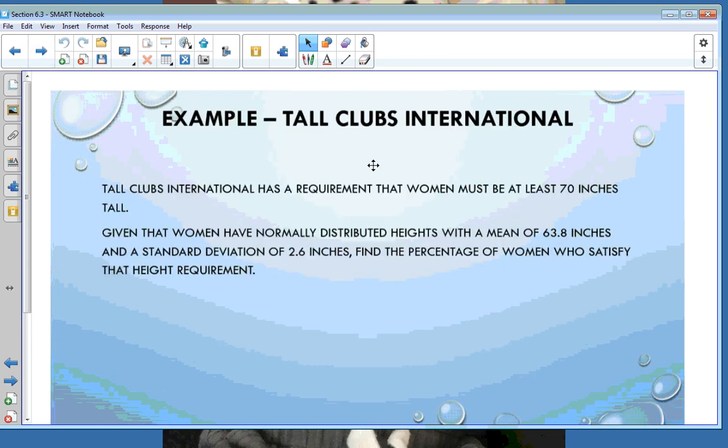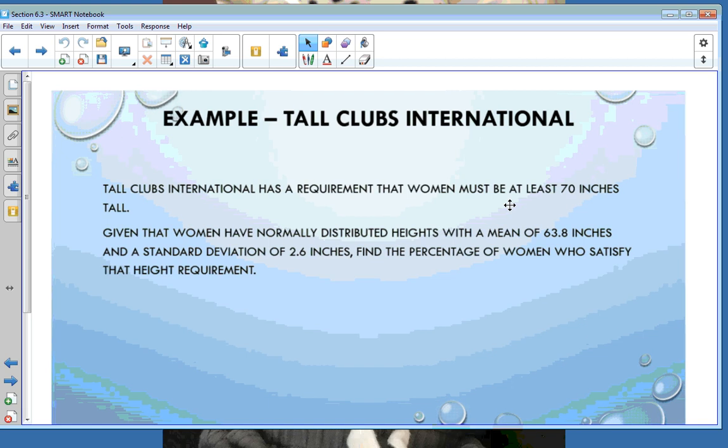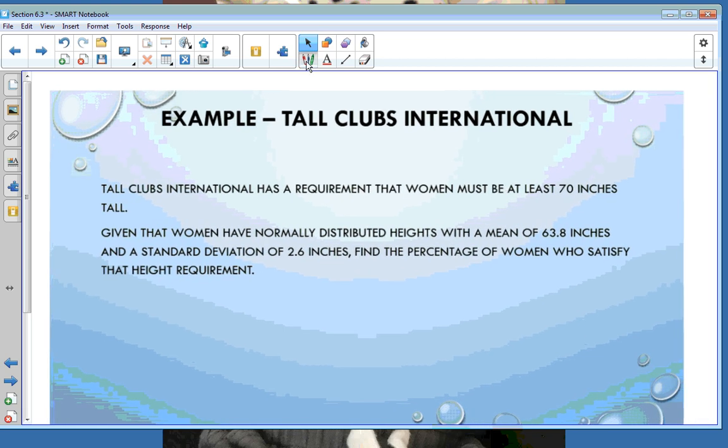So here we go. Here's an example from the Tall Clubs International. Tall Clubs International has a requirement that women must be at least 70 inches tall. So at least 70 inches tall. All of these are critical reading parts that you have to get.